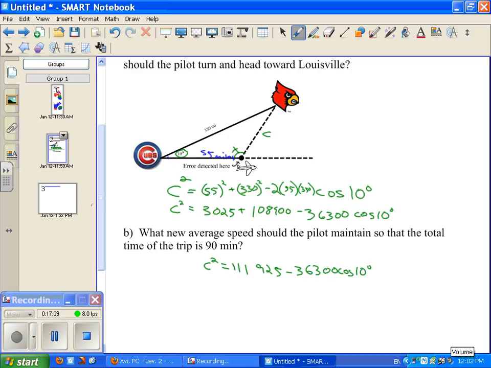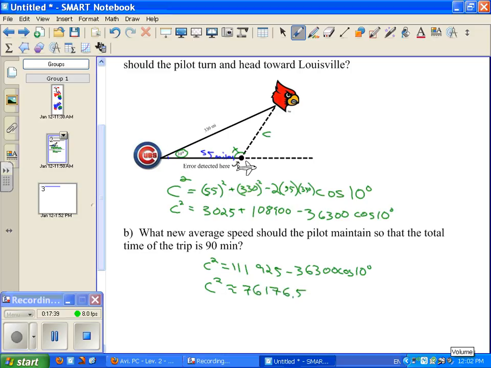Now I can start typing things in: cosine of 10 times 36,300, and then 111,925 minus that value. C squared is approximately 76,176.5.